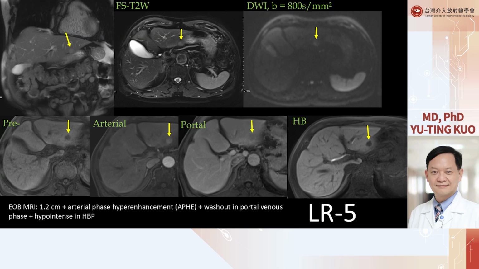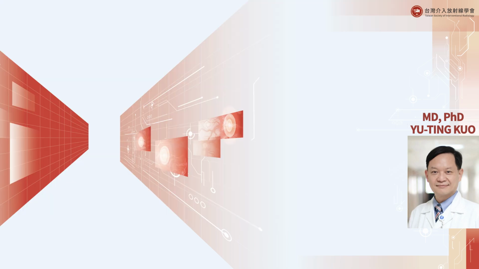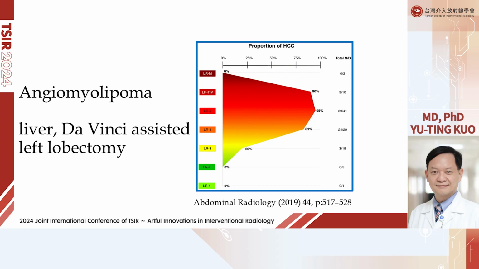And you can see the lesion has T2 hyperintensity, diffusion restriction, arterial hyperenhancement, and hypointensity in the hepatobiliary phase and portal venous phase. So it's a LIRAD-5 lesion. By definition, it's a definite HCC, but after operation, the pathology report showed a benign tumor, which is angiomyolipoma. So LIRAD-5 doesn't equal 100% HCC.